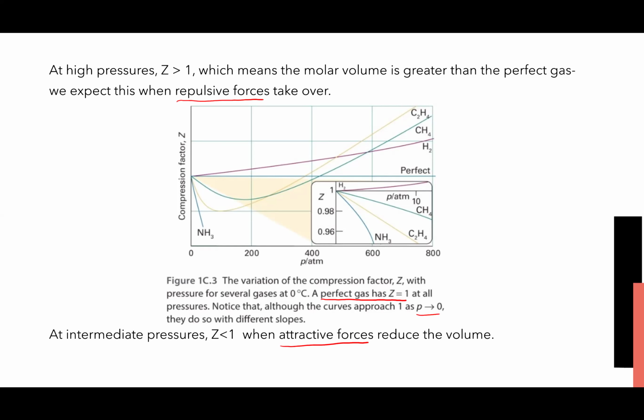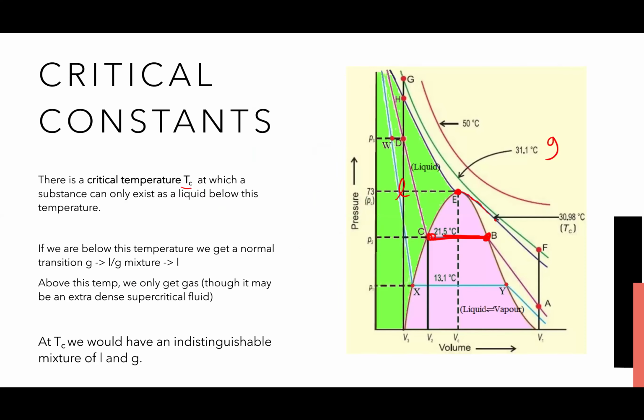They do so with different slopes, not that big a deal. But the idea is that as the pressure decreases closer and closer to 0, our gases become more and more ideal. So we see lots of different behaviors here.